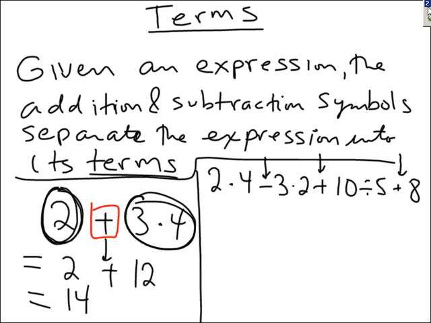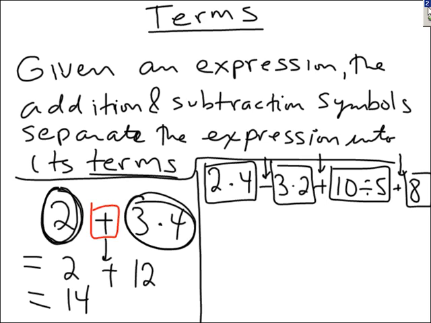It's this value minus that value plus this value plus that value. This is not 2.4, it's 2 times 4. This is not 3.2. If I want to write 2.4, I promise you I'll put the decimal quite low.